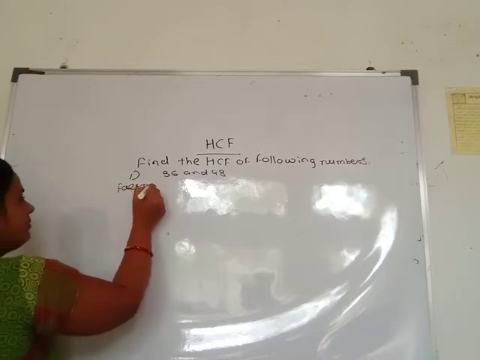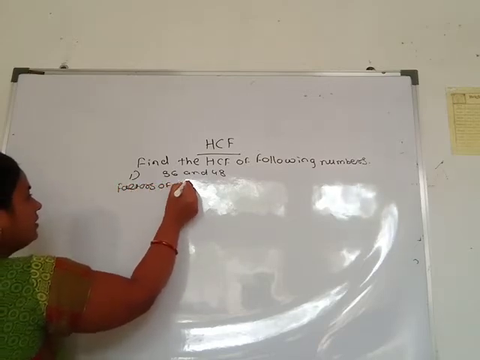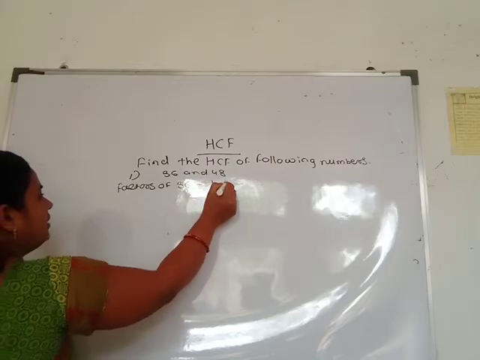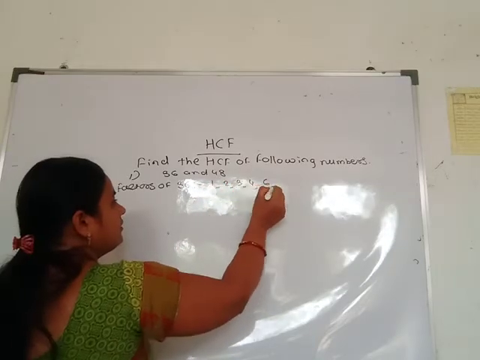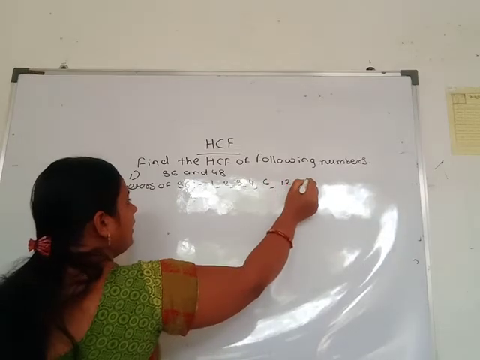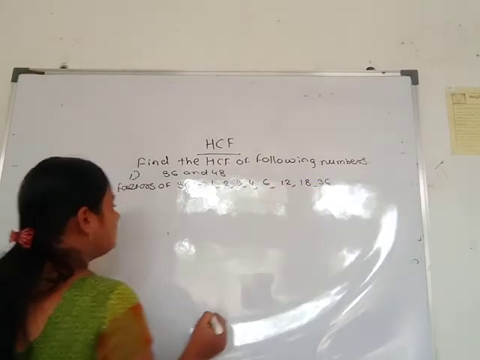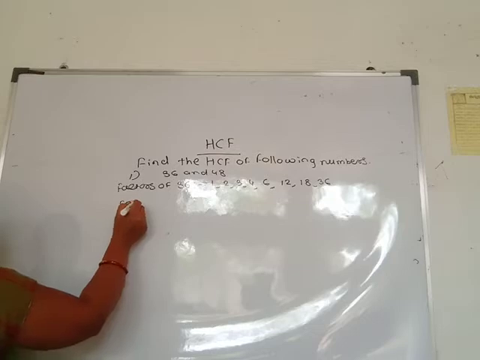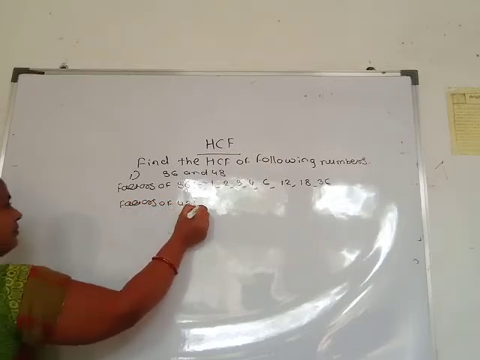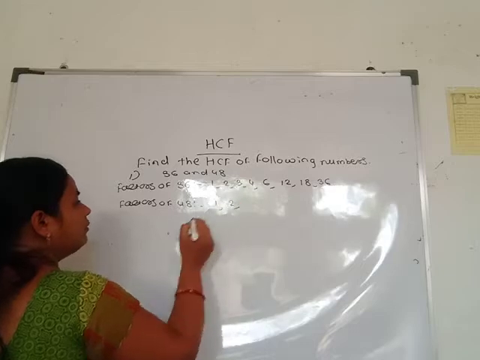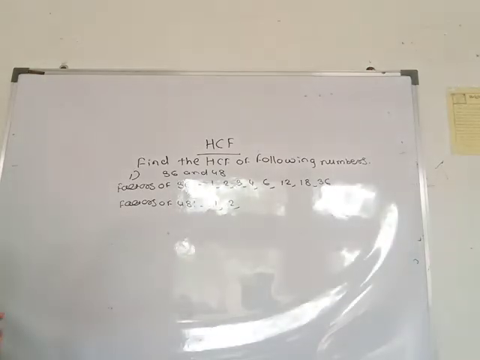Factors of 36: 1, 2, 3, 4, 6, 12, 18 and 36. Then factors of 48. Which numbers divide 48?